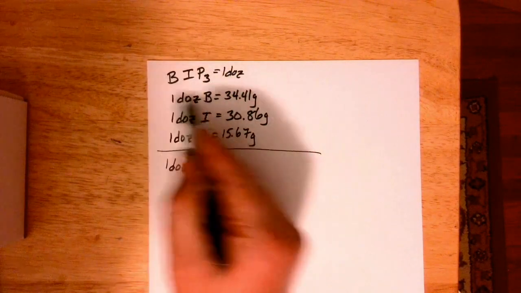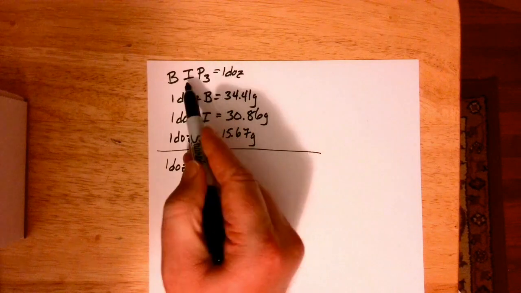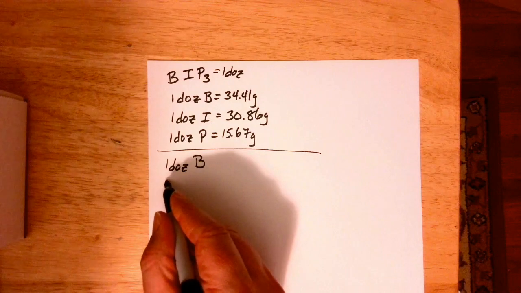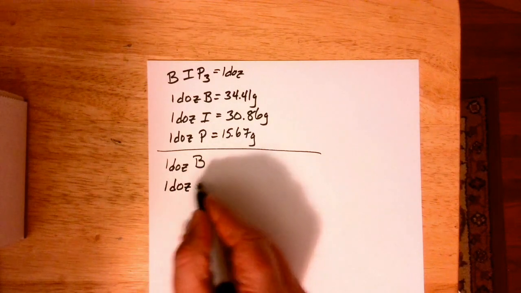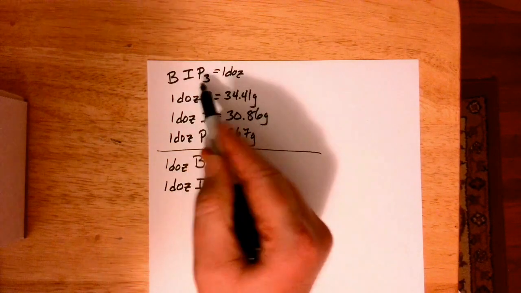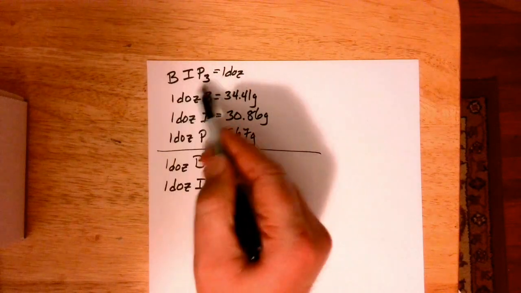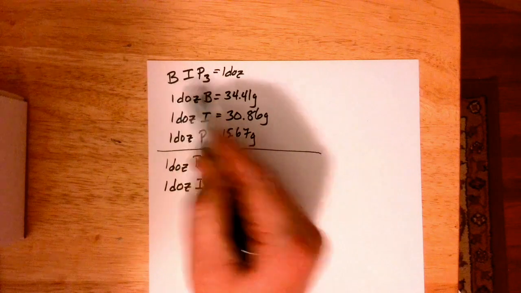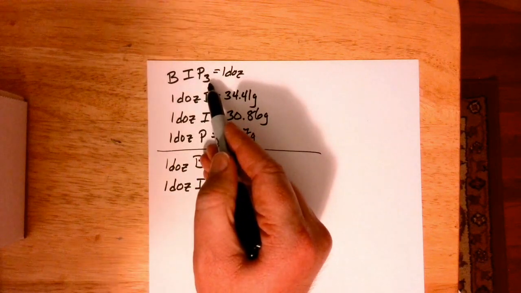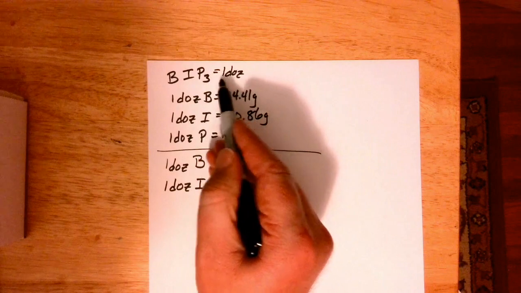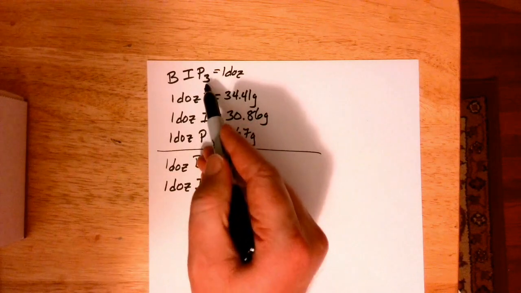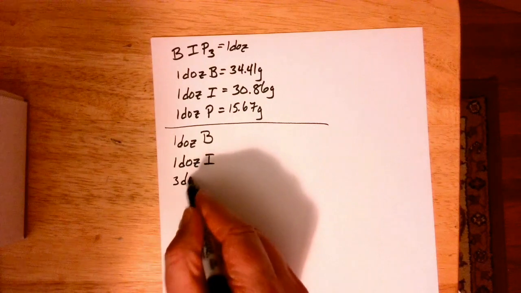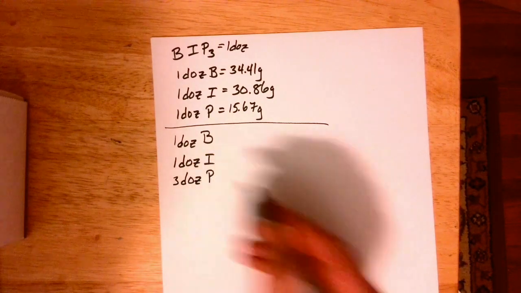If I have 1 dozen BIP3, how many index cards would I have? I would have 1 dozen index cards. If I had 1 dozen BIP3, and every one of those index cards had 3 paper clips attached to it, and in fact I had 1 dozen of those, that would mean I would have 36 paper clips on there, or 3 dozen paper clips.